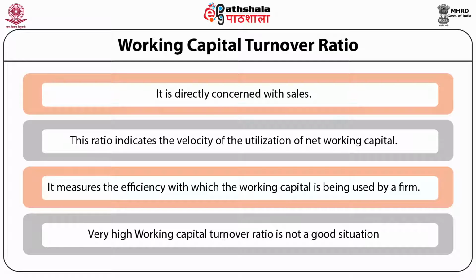Working capital turnover ratio is equal to cost of sales divided by average working capital. Average working capital can be calculated by adding opening working capital and closing working capital and then dividing both by 2.